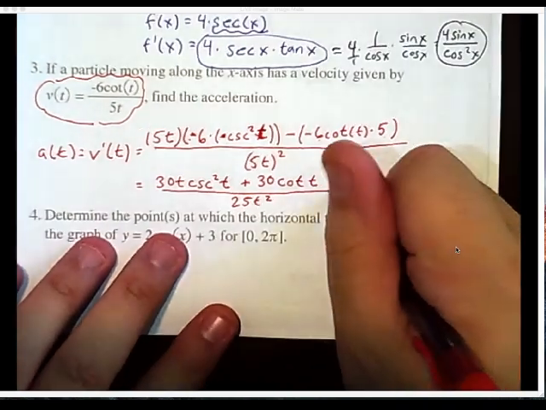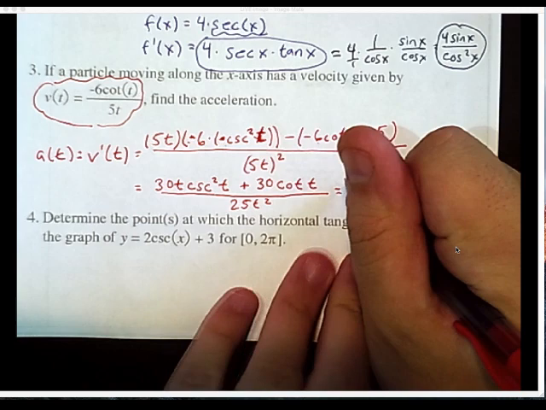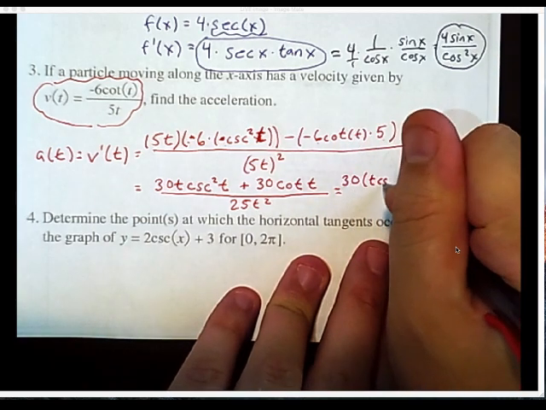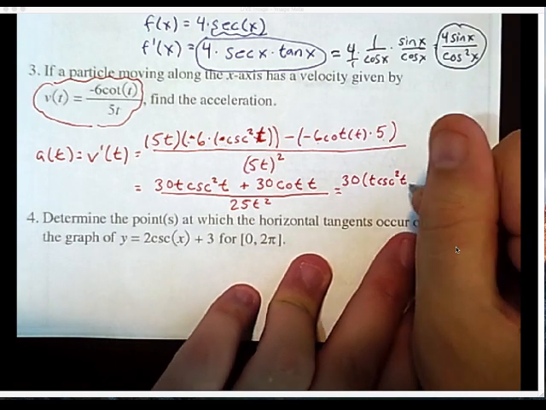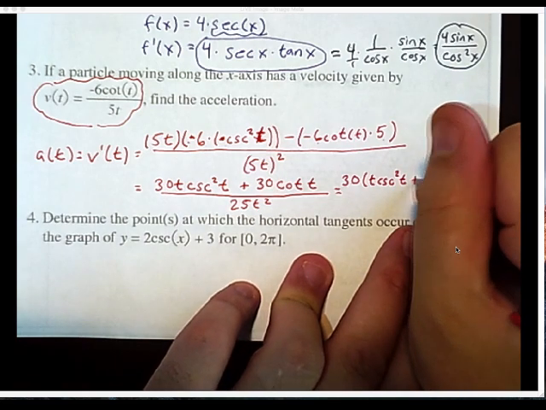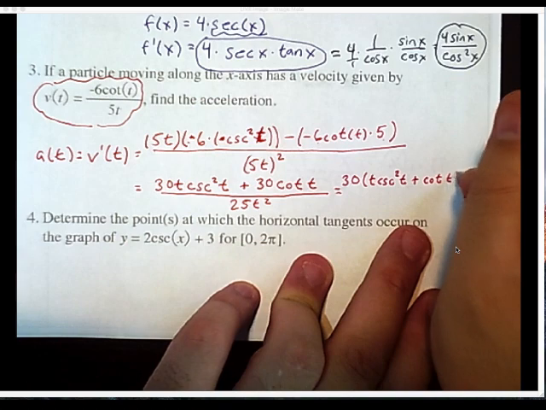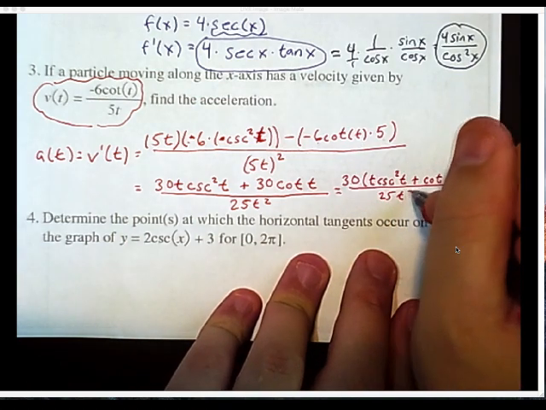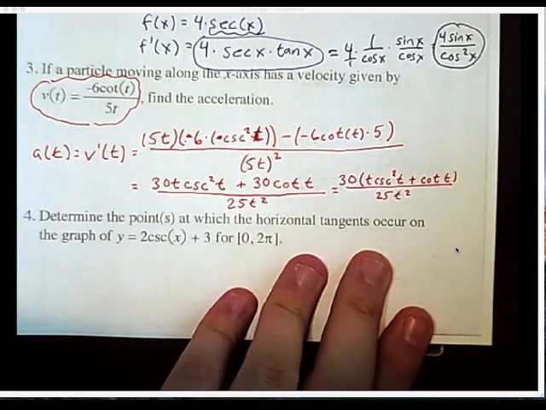So if you do a little bit of simplification, I can pull out a 30 of the numerator, and I get t cosecant squared of t plus cotangent of t over 25t squared. You can reduce that.